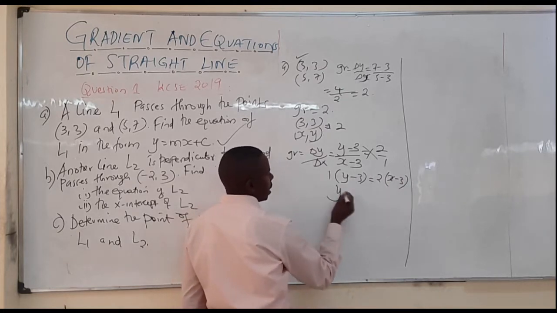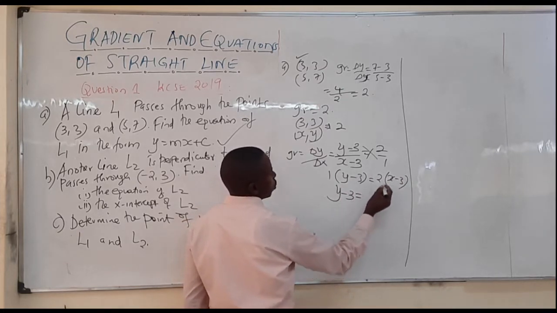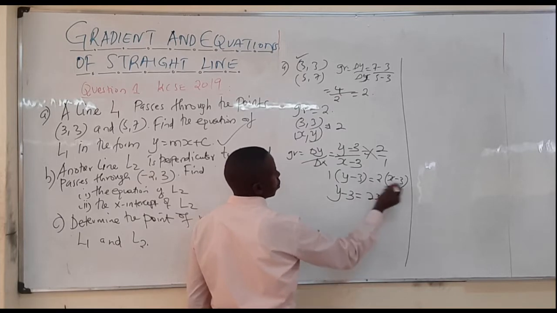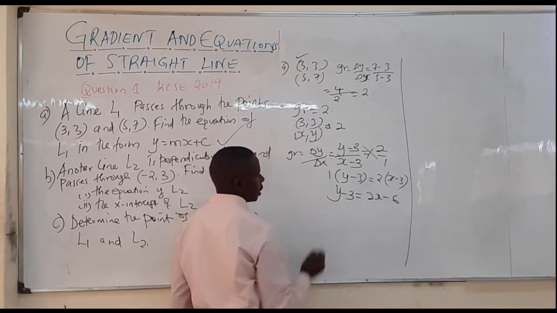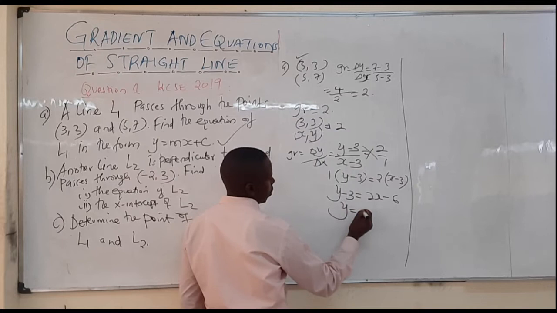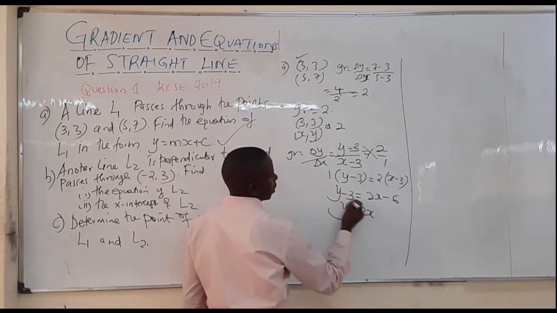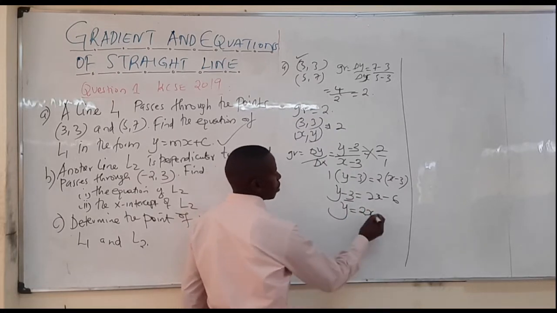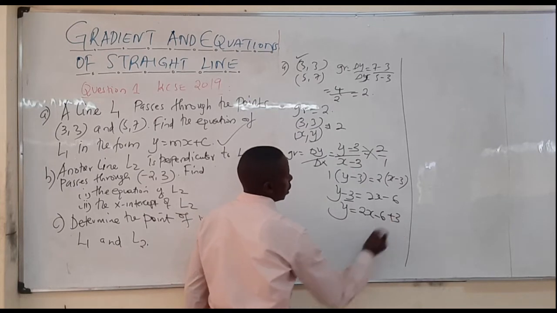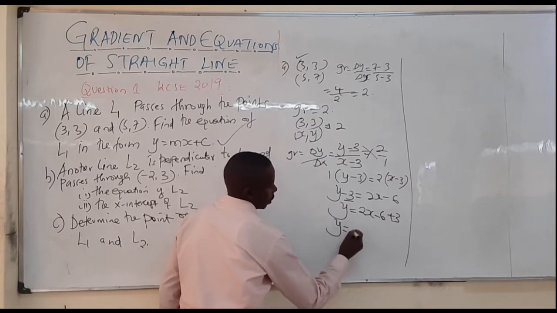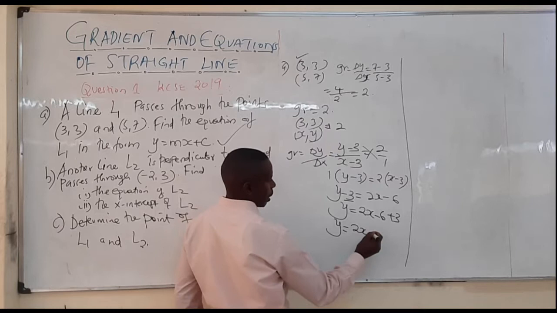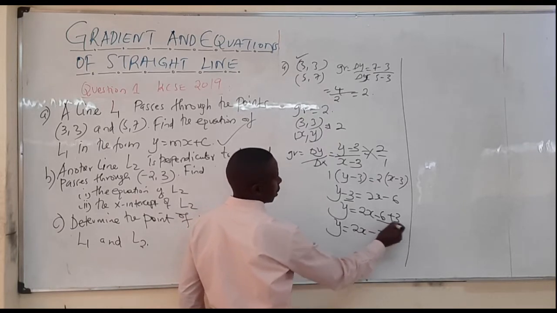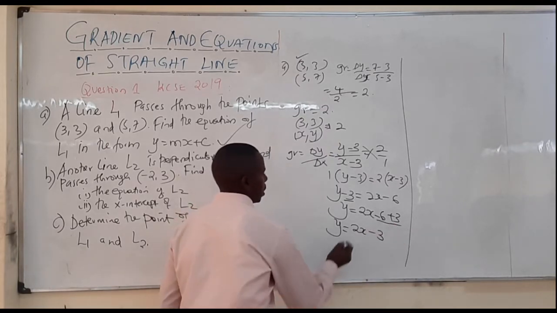So y - 3 = 2x - 6, then y = 2x - 6 + 3, and y = 2x - 3, since -6 + 3 is -3.